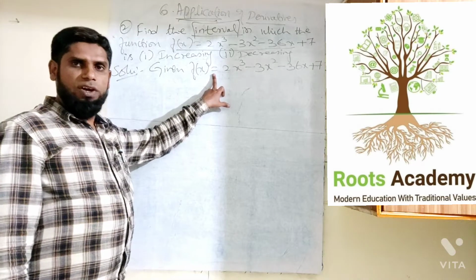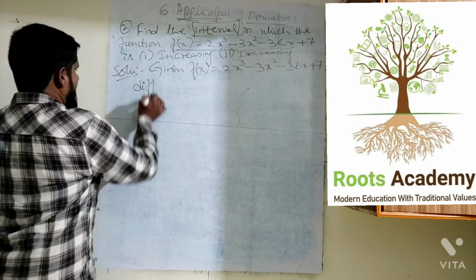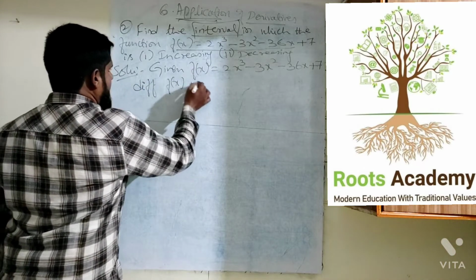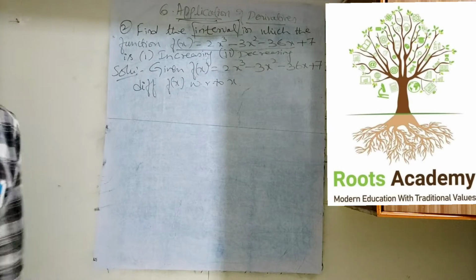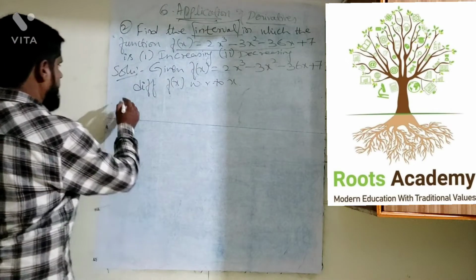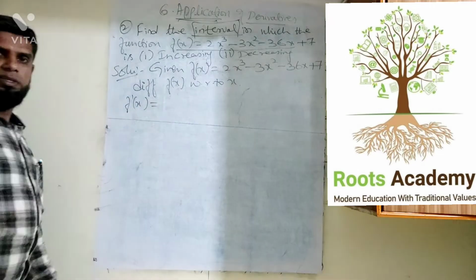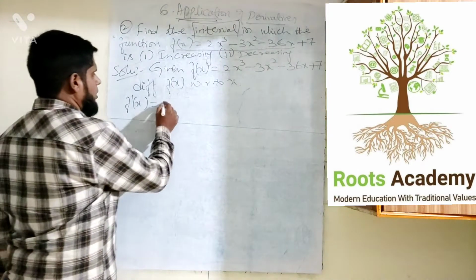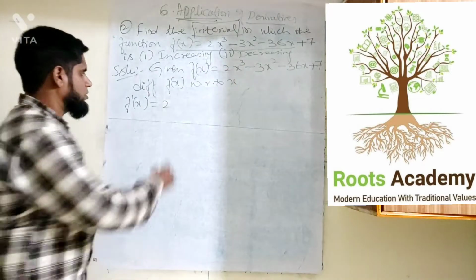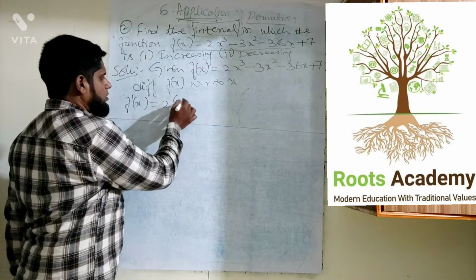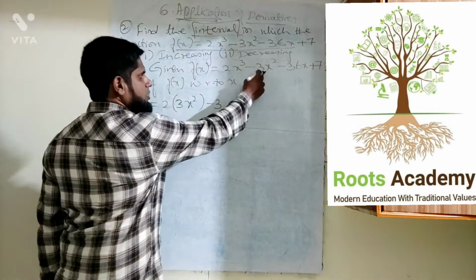First, let me differentiate this function with respect to x. Differentiate f of x with respect to x. So derivative of f of x, f dash of x, is equal to 2 is a coefficient as it is, no changes. Derivative of x cube is 3x square, minus 3 as it is.